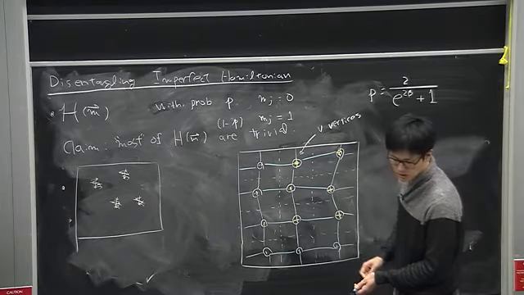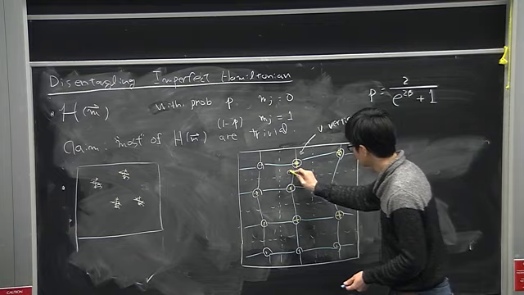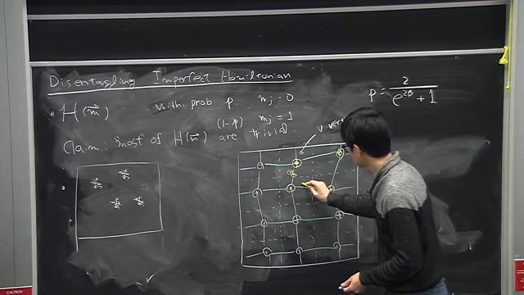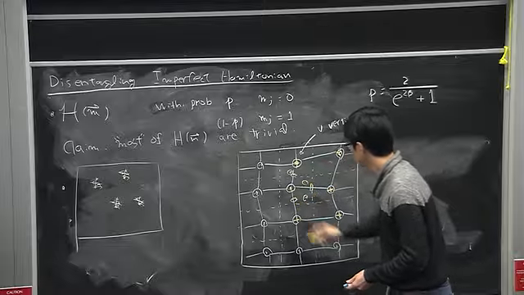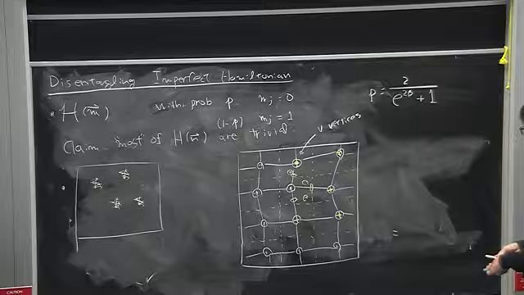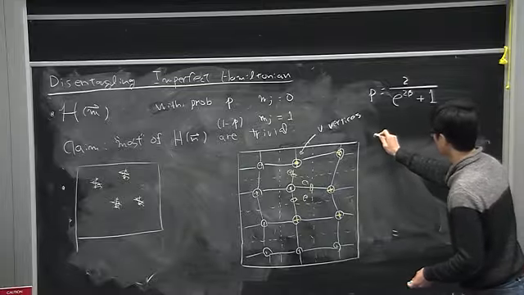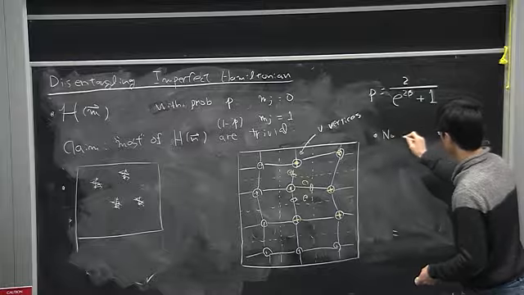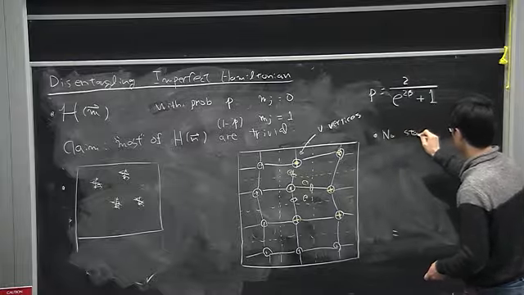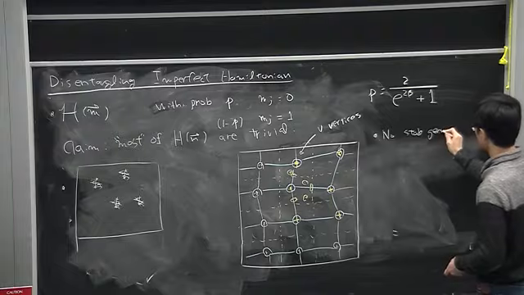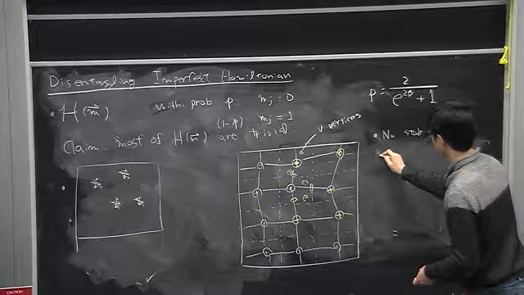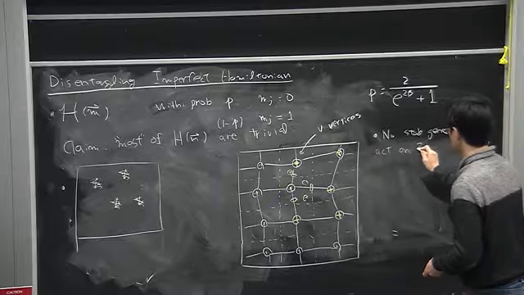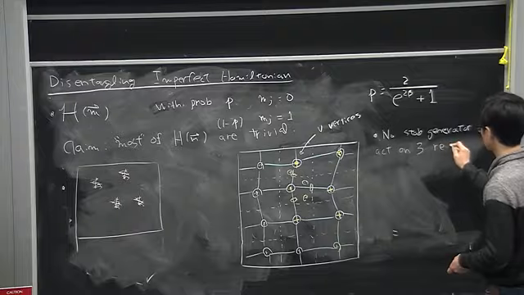So my stabilizer generators will be living like this, like this. But the important property is that no stabilizer generators, the AV and the BP terms, cross these regions.